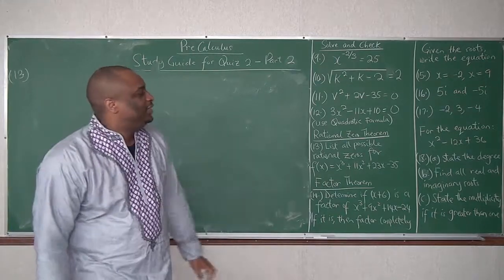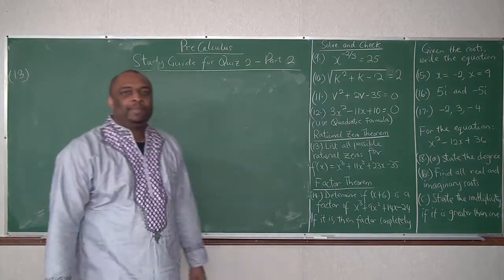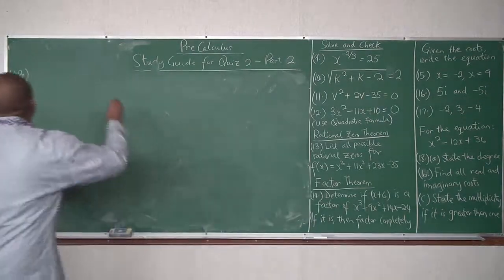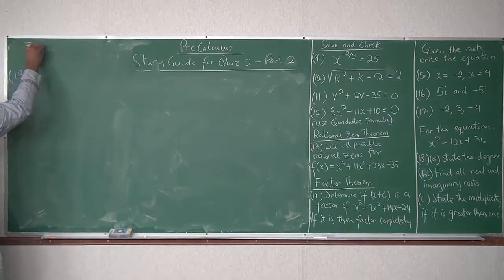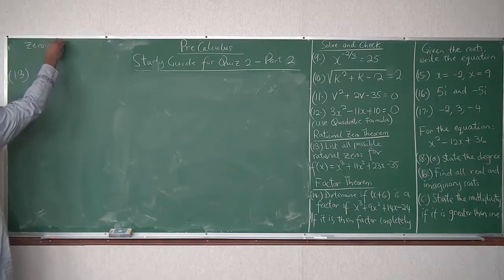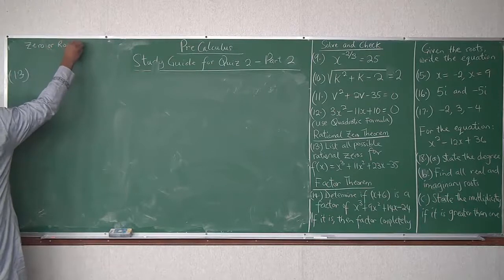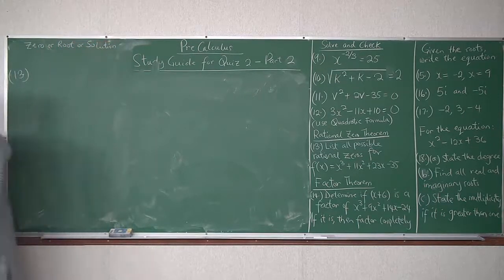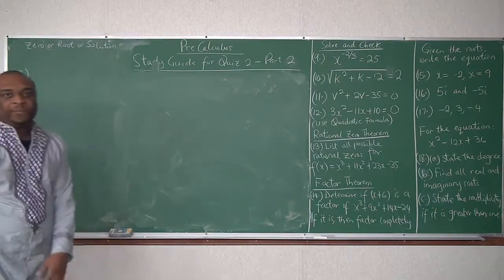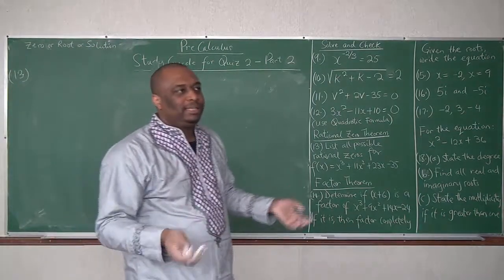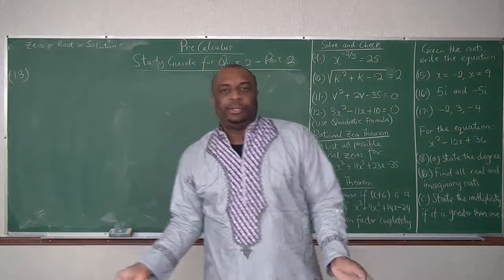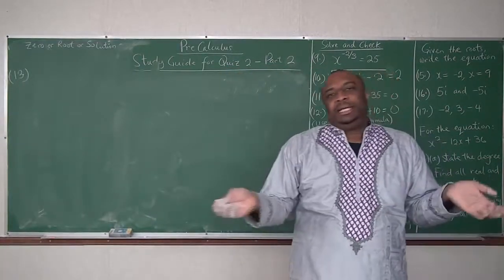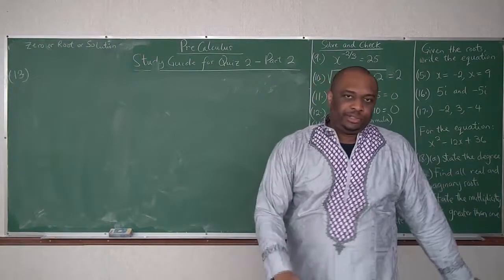Theorem, rational root theorem. Now, this is called a zero. You can call it zero, or you can call it a root, or you can call it a solution. Whether they ask what are the zeros of this function, it means what are the roots of the function, or what are the solutions of the function.